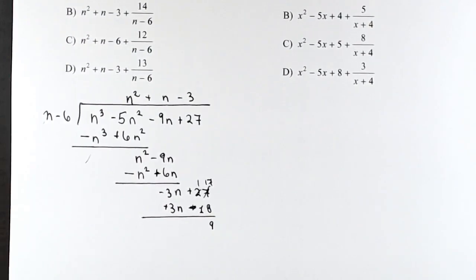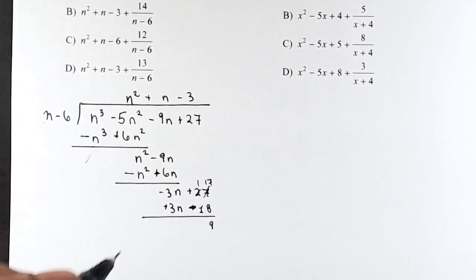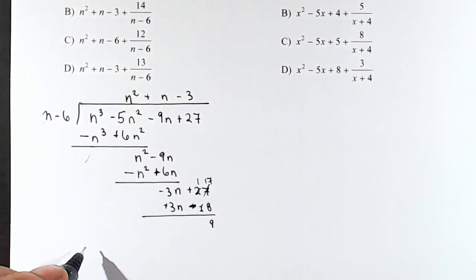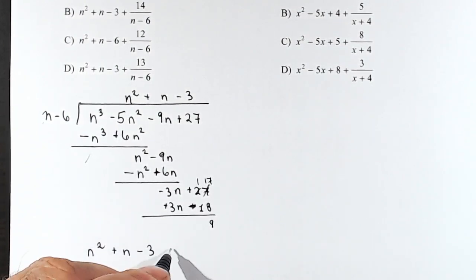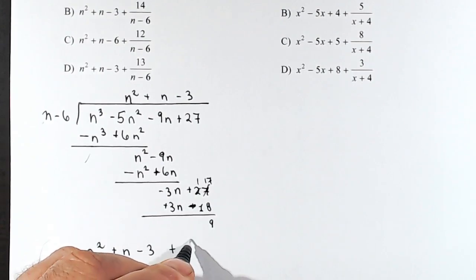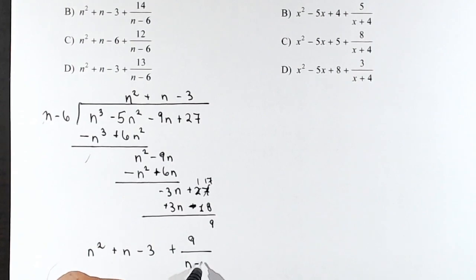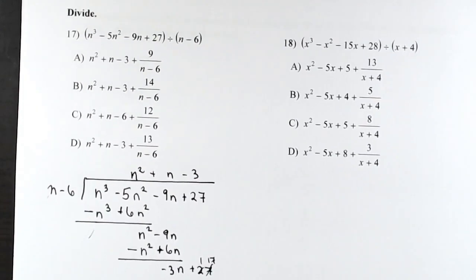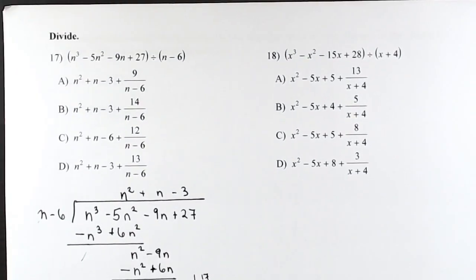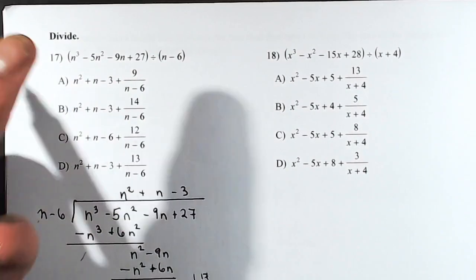Okay, and that is 9 over n minus 6. All right, so this quotient is n squared plus n minus 3 plus 9 over n minus 6. It's pretty neat, right? So n squared plus n minus 3 plus 9 over n minus 6, right here, A.